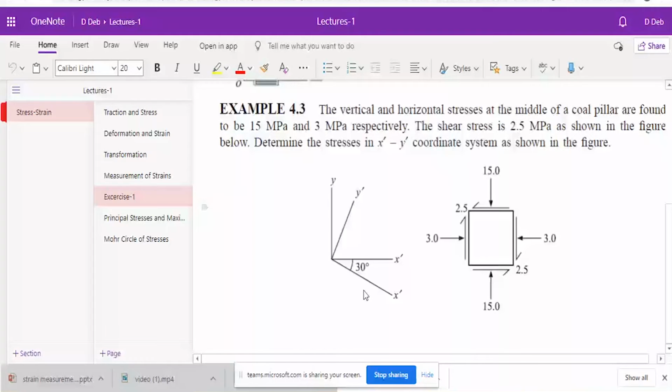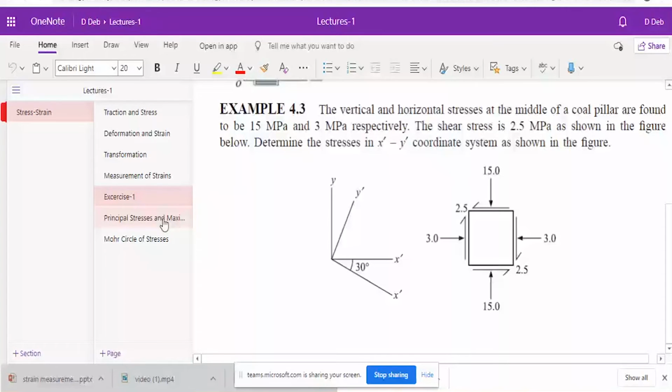So where the shear stress becomes zero, there will be a plane between 0 and 30 degrees where the shear stress is zero. That particular plane is called the principal plane, and the normal stress acting on that plane is called the principal stress. So there are some planes where the shear stress will be zero. Now, how do I directly calculate it? I know the shear stress formula.